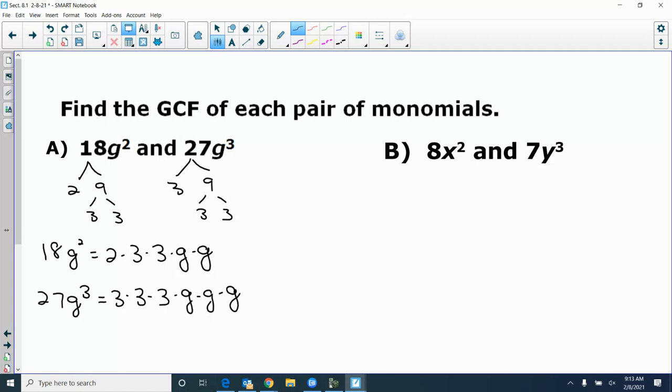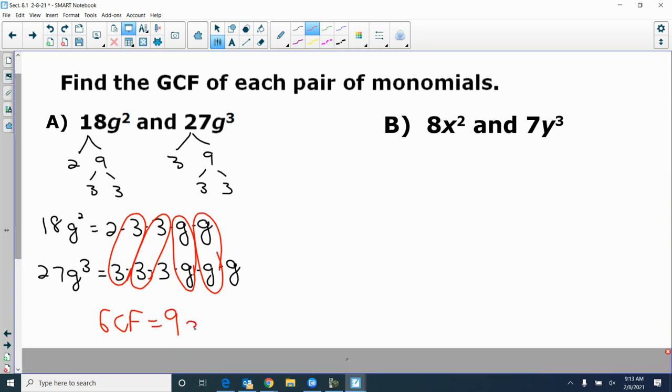So I've got 1 pair of 3's, another pair of 3's. That's it for the numbers. I've got a pair of g's, and another pair of g's. So my GCF, multiply the numbers together, is 9, and you write g squared. 9g squared will go into 18g squared, and it will go into 27g cubed evenly. There are no remainders.